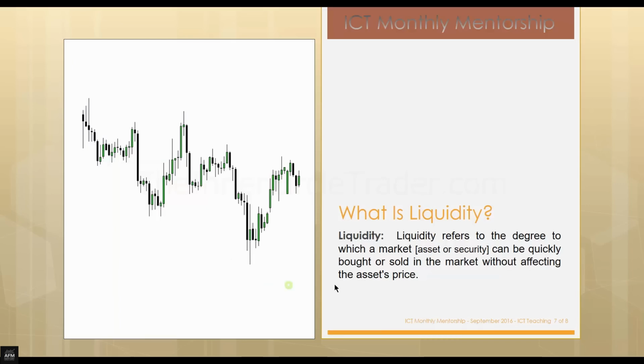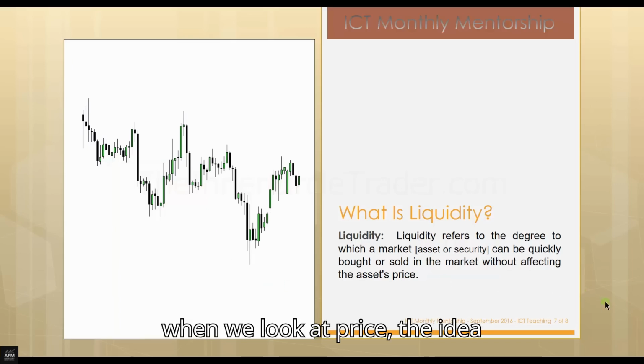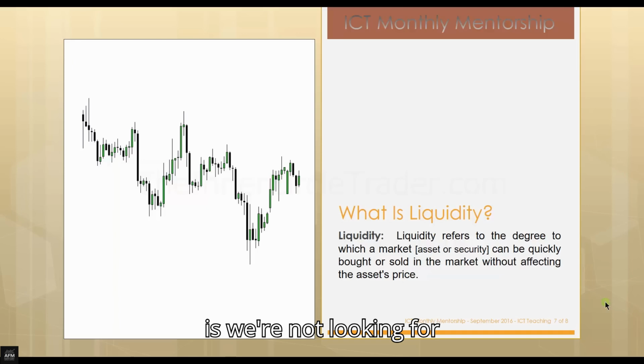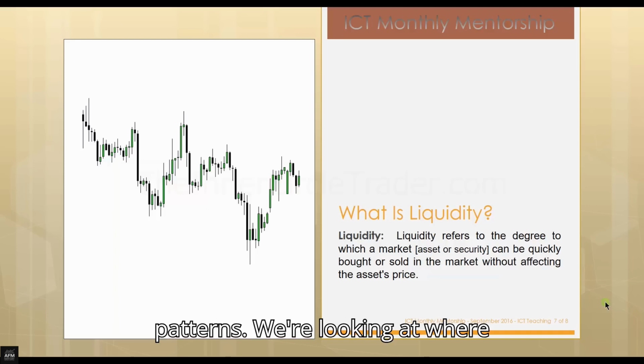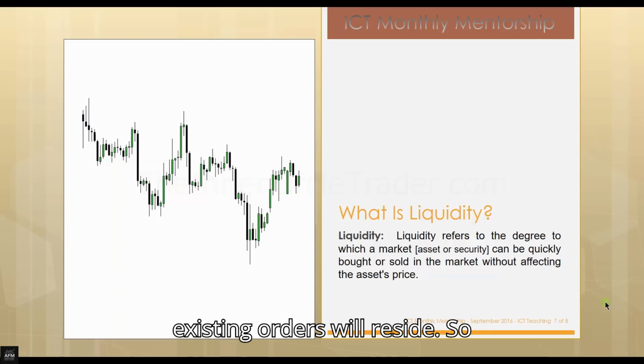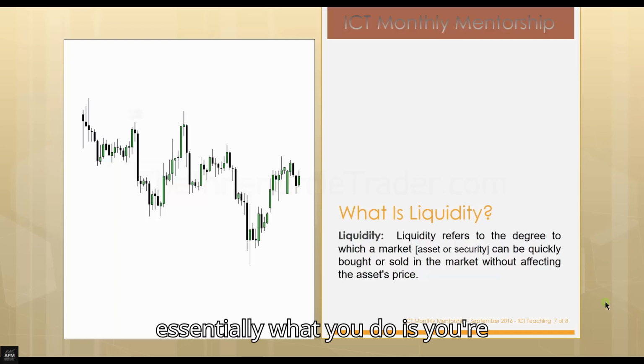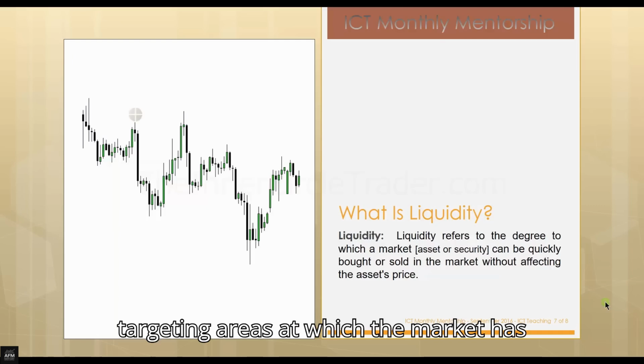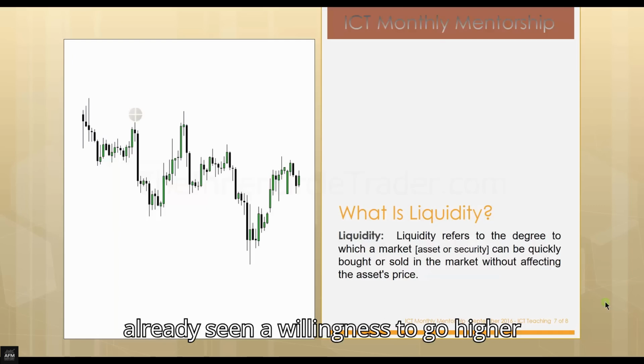So when we look at price, the idea is we're not looking for specific patterns for the sake of patterns. We're looking at where existing orders would reside. Essentially, you're targeting areas at which the market has already seen a willingness to go higher or lower.